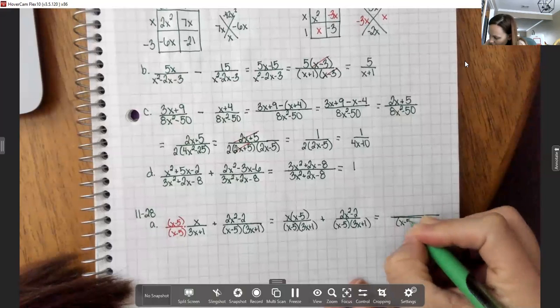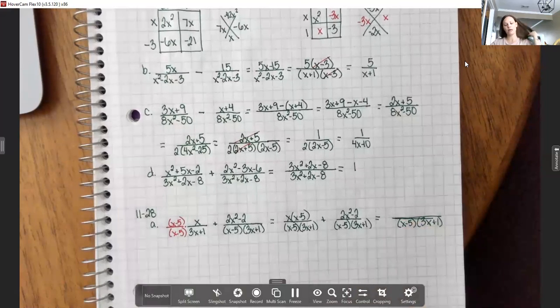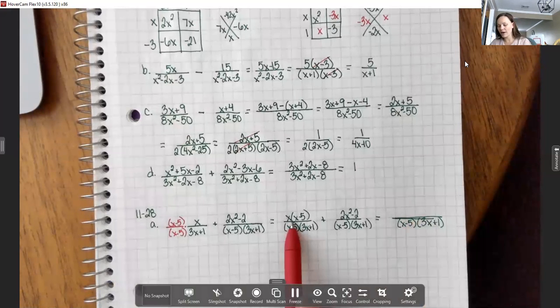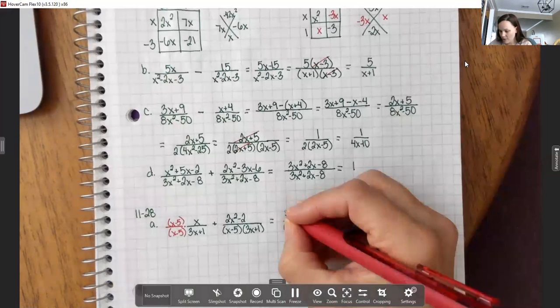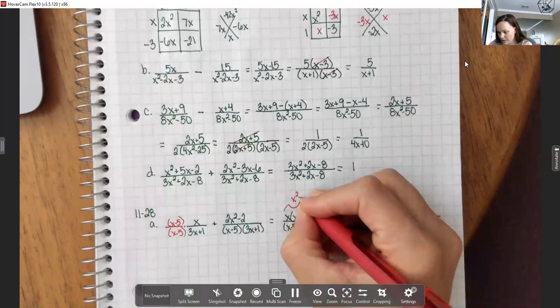So it'll be (x - 5)(3x + 1) in my denominator. This numerator right here, x times (x - 5), we know is the same as x squared minus 5x.